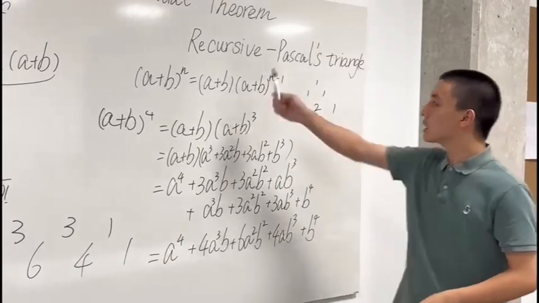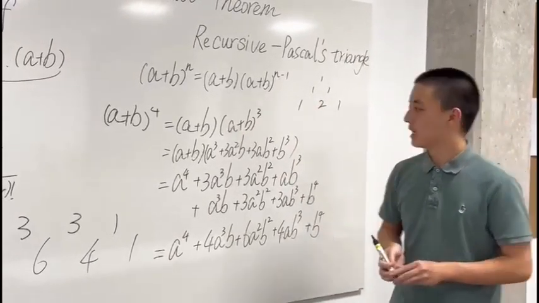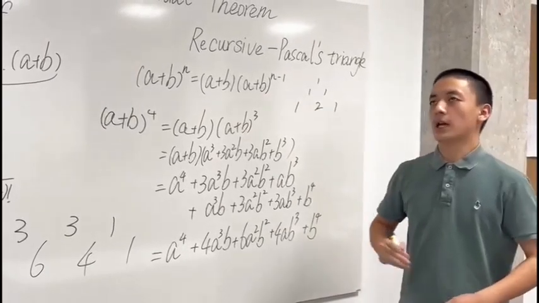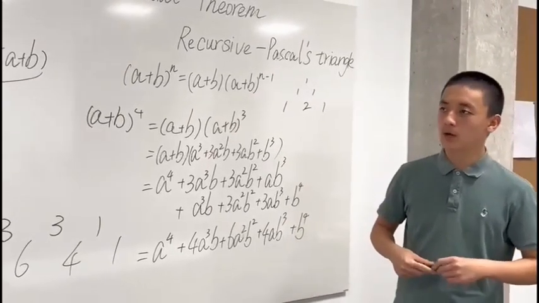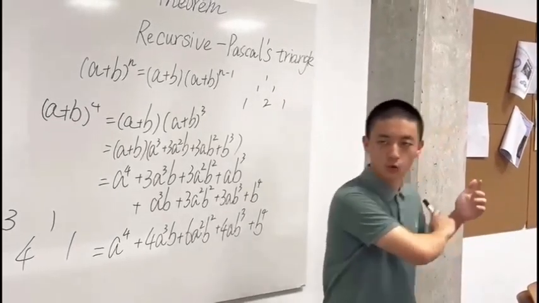So recursion is a really important method in math, because if you know a, then you know a plus 1, so you can use a recursive way to extend something to infinity.